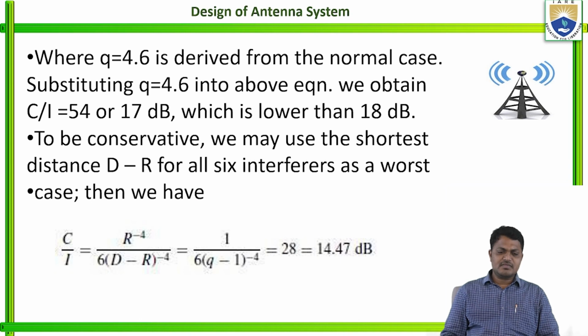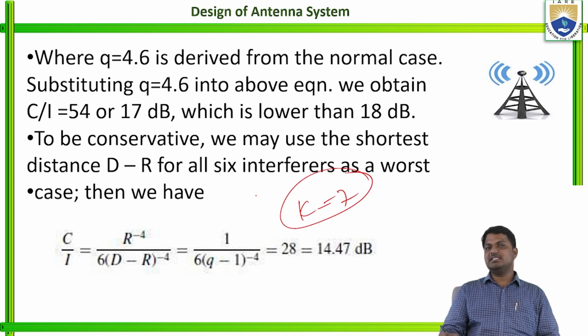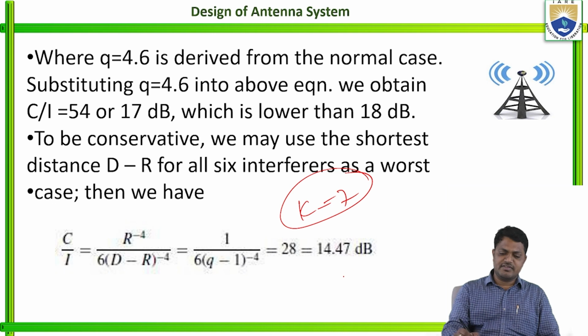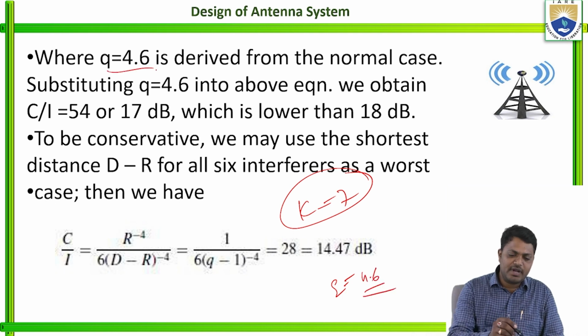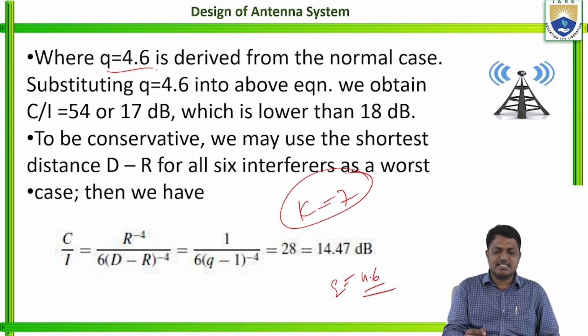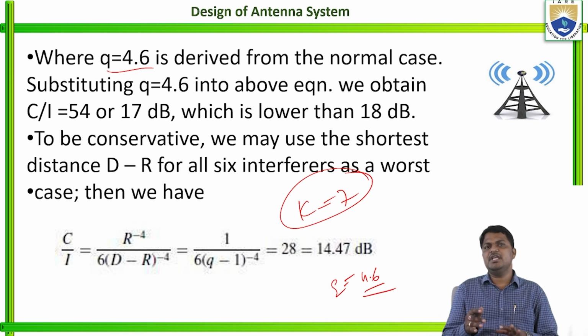Next. Just now we discussed that when we consider the cell cluster, K is equal to 7. Assuming the co-channel interference reduction factor Q is equal to 4.6, which is derived from the normal case by substituting Q equal to 4.6 into the above equation.